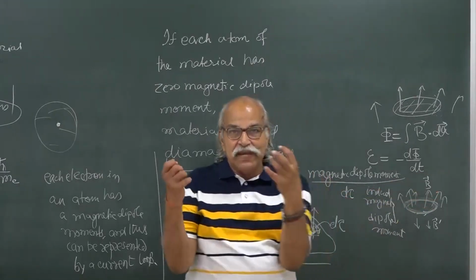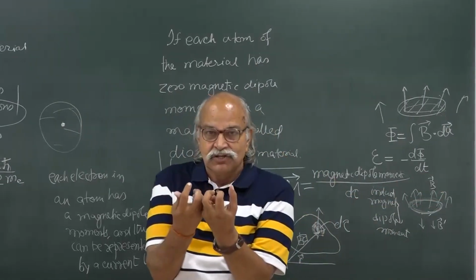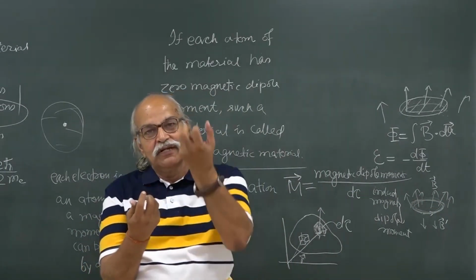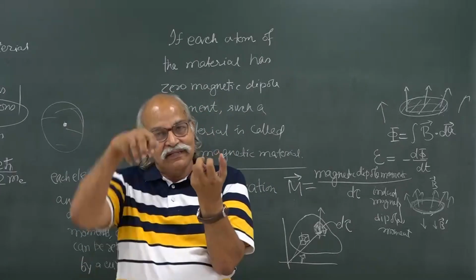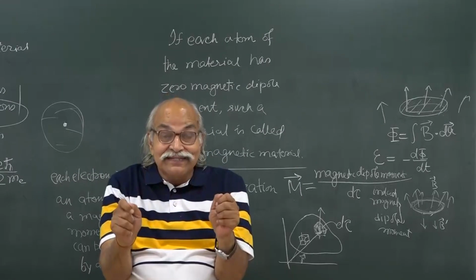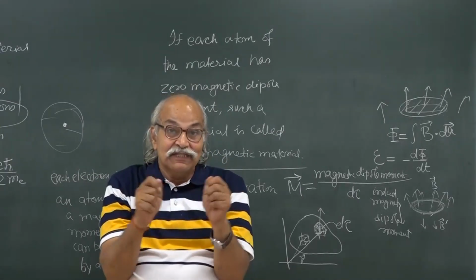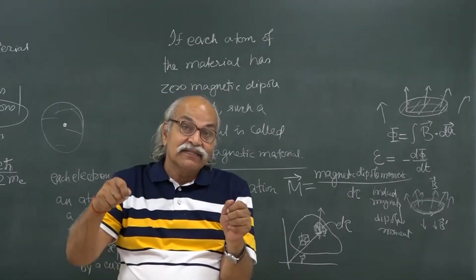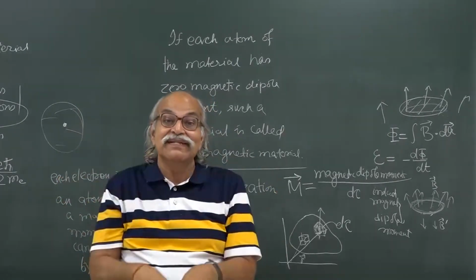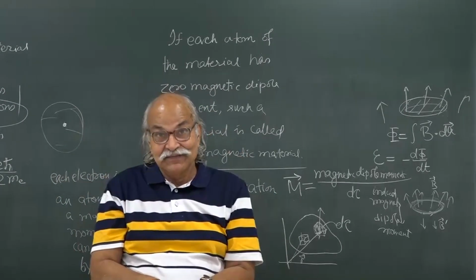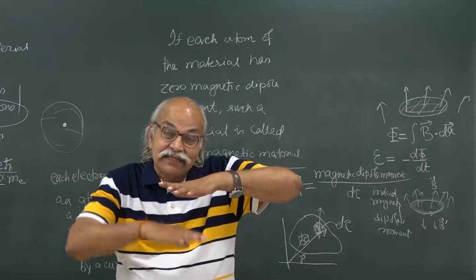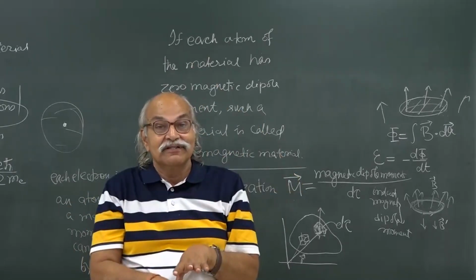So, if you have paired electrons, in which one dipole moment was in the upward direction, then the other was in the downward direction, the total was 0. But for both these electrons, when this magnetic field is switched on, this extra magnetic dipole moment is created in the downward direction, and therefore the total, which was 0, now will be in the direction opposite to the magnetic field.